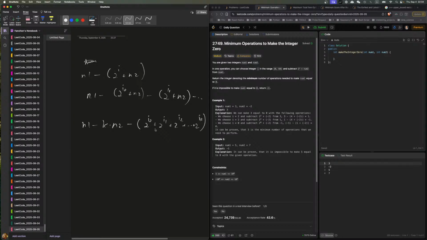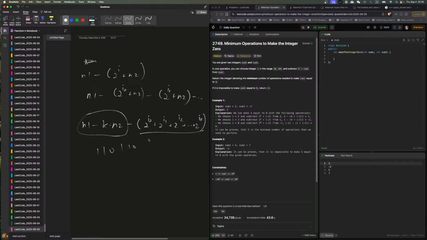Now n2 is not 0. So the minimum we need, so basically, we need to find, for this i, we can do the binary, and that's the number we're going to have here.